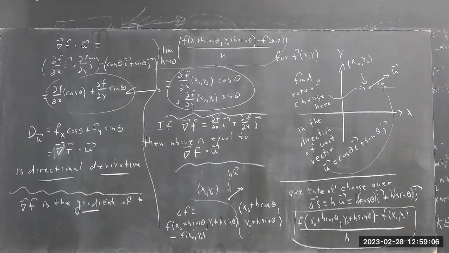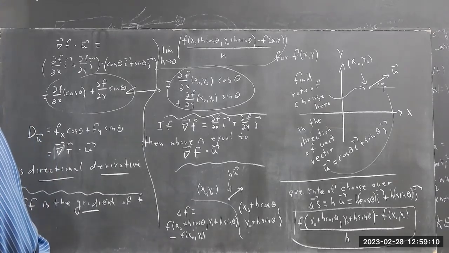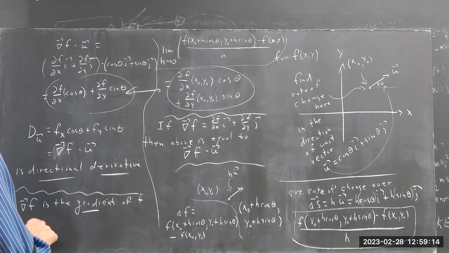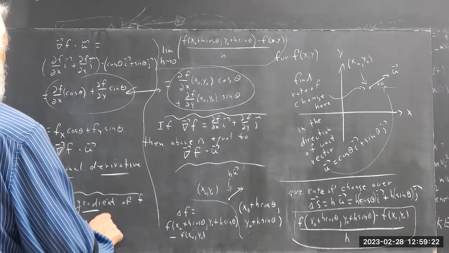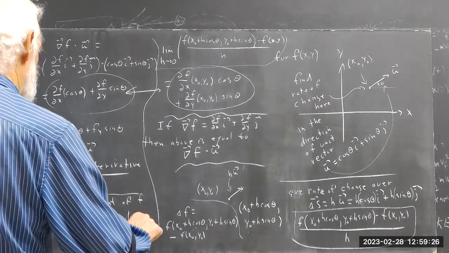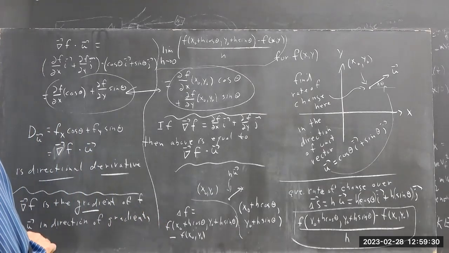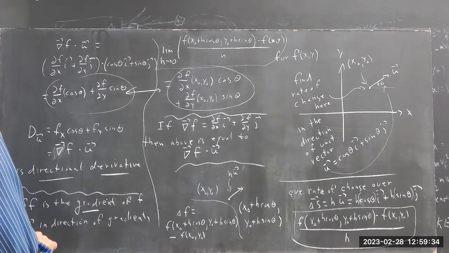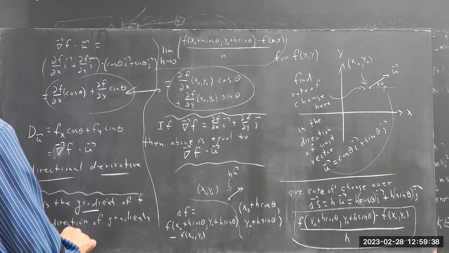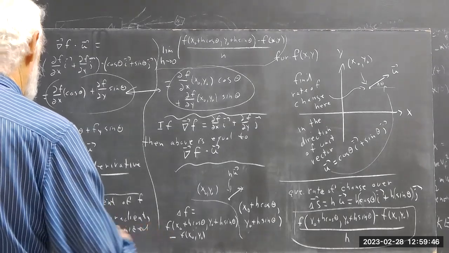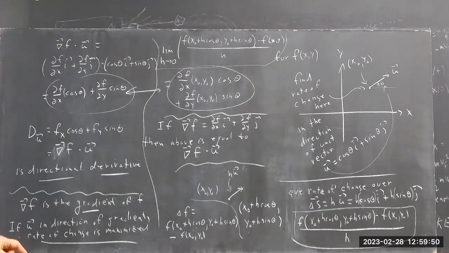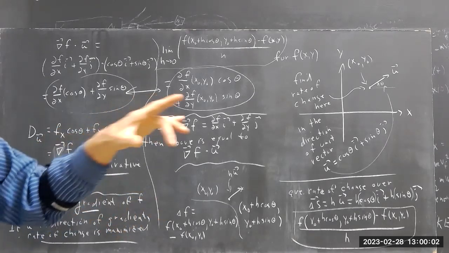And what's the significance of the gradient? Put it this way: in the direction of the gradient, the rate of change is maximized, which means the gradient gives you the direction in which the function increases most rapidly.